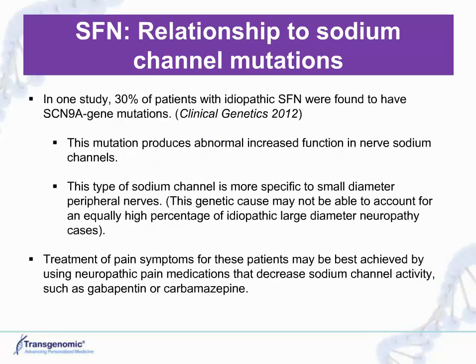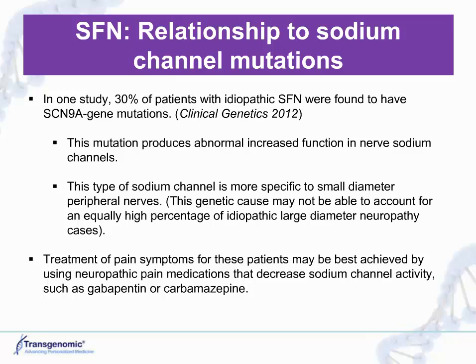I'd like to discuss a little bit more about the relationship between small fiber neuropathy and sodium channel mutations. As I mentioned previously, approximately 50% of patients with small fiber neuropathy have what's known as idiopathic neuropathy, meaning no cause for the neuropathy was found after an initial workup.